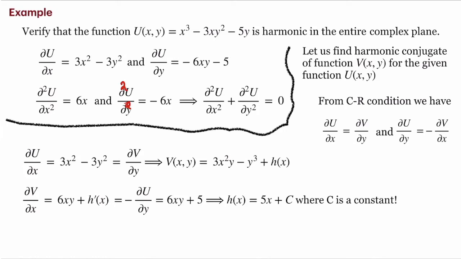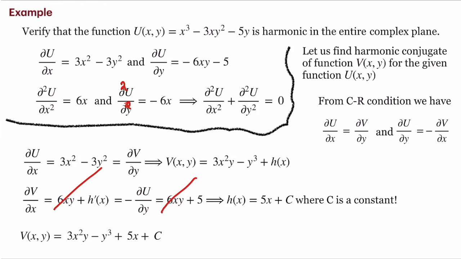So from this we figure out that these terms cancel out, and then we have 5 is equal to h prime. Integrating this, we get h of x is equal to 5x plus c, where c is a constant.